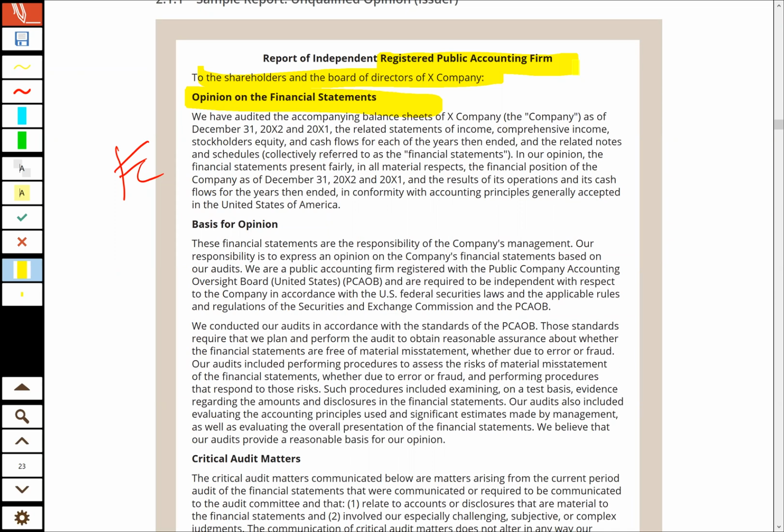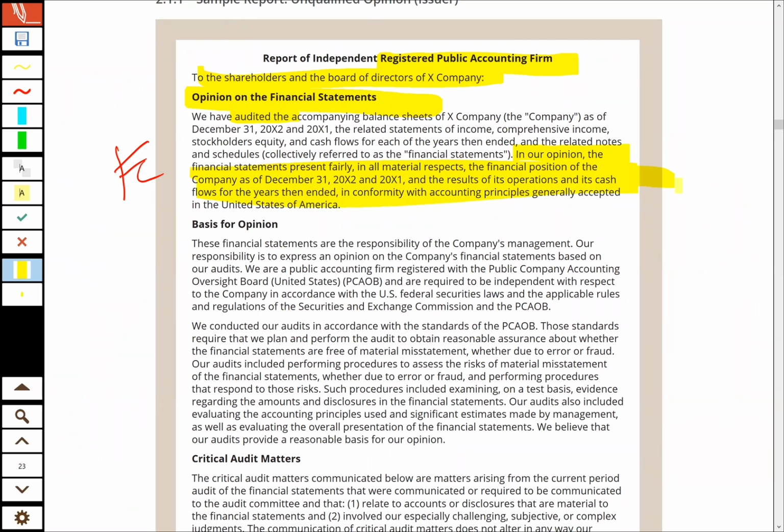And then you can see the opinion is the first paragraph. We start out saying that we have what? We have audited, just like that intro. So it's sort of a combination of intro and opinion, but notice that what? In our opinion, okay, the financial statements referred to above meet the what?